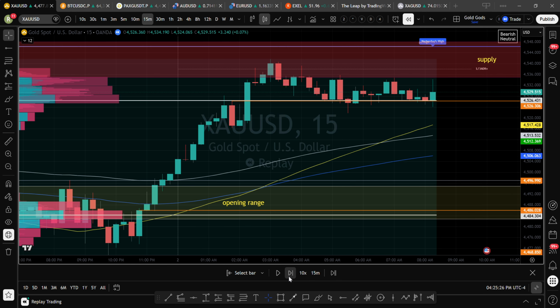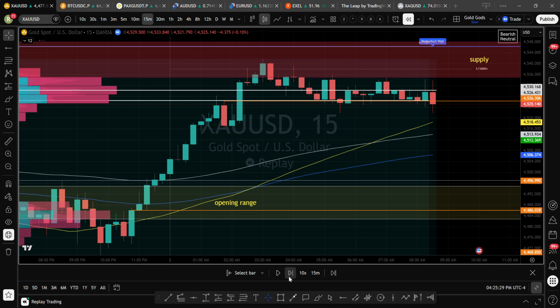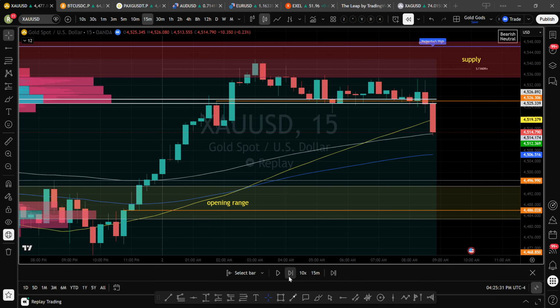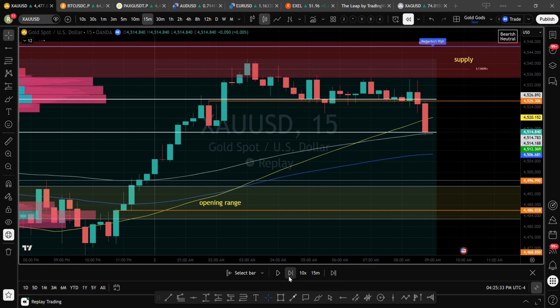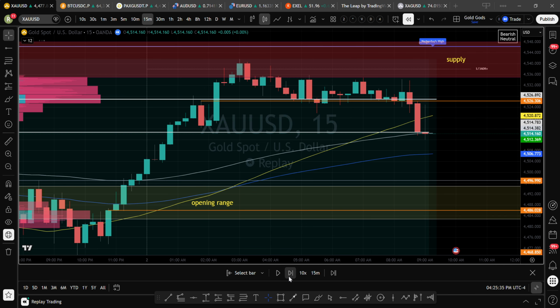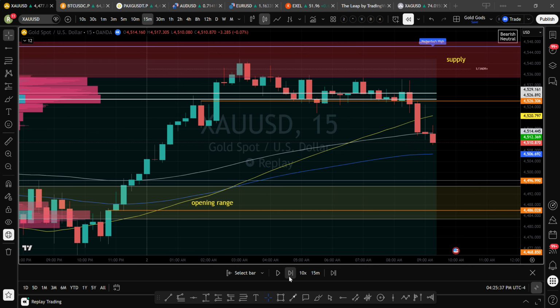So it's just ranging, meaning it's just going from left to right now. It's just ranging, and then right there, it's showing you. And then you see it closes below. It's under this. Once it closed below this yellow 44 moving average, then we kind of know that price is getting ready to change.